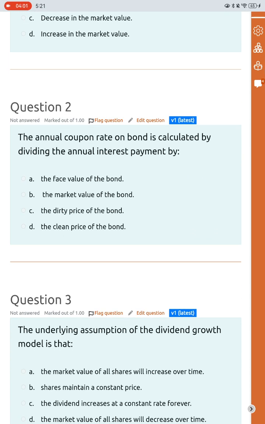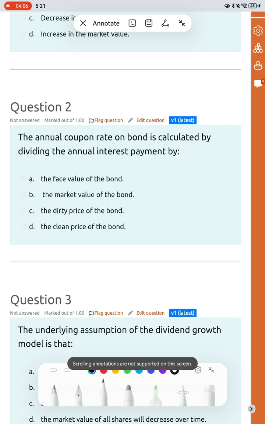All right, so we get to question 2. We'll annotate question 2 as well. The annual coupon rate on a bond is calculated by dividing. This is a statement being made in terms of how to do a particular calculation, right? It could also just be an explanation of how a formula is structured.